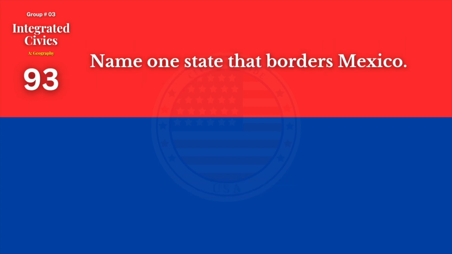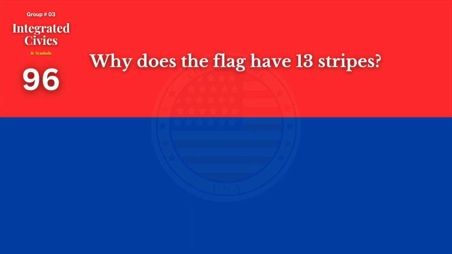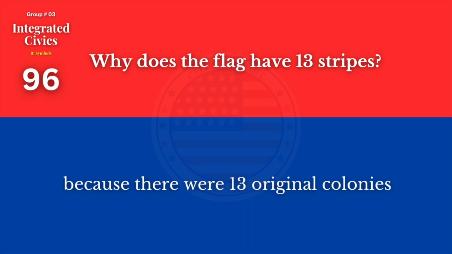Name one state that borders Mexico. California. Why does the flag have 13 stripes? Because there were 13 original colonies.